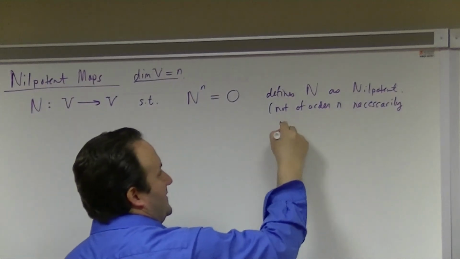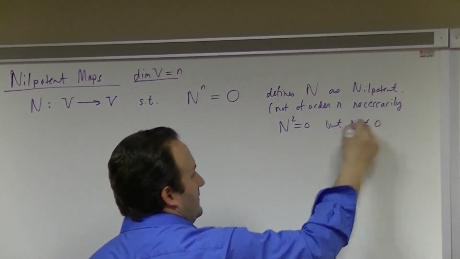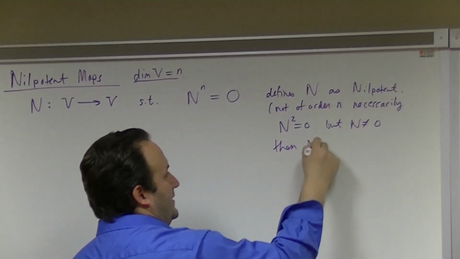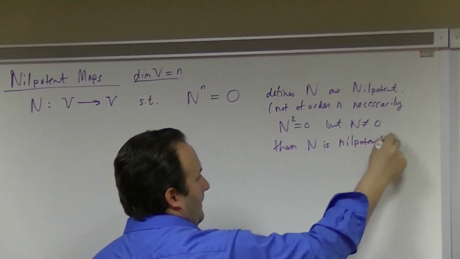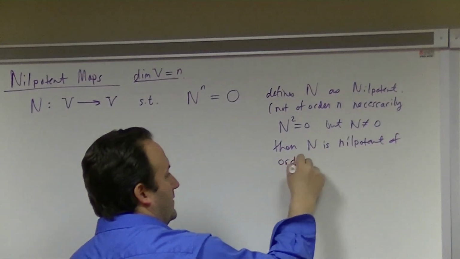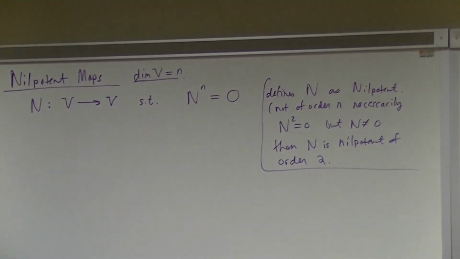I said if N squared is equal to 0, but N is not equal to 0, then N is nilpotent of order 2. So the order of nilpotence doesn't matter too much for this section. After the section is done, you can define it in terms of the technology we developed in section 6.2, but there's no need just yet to do that, okay?